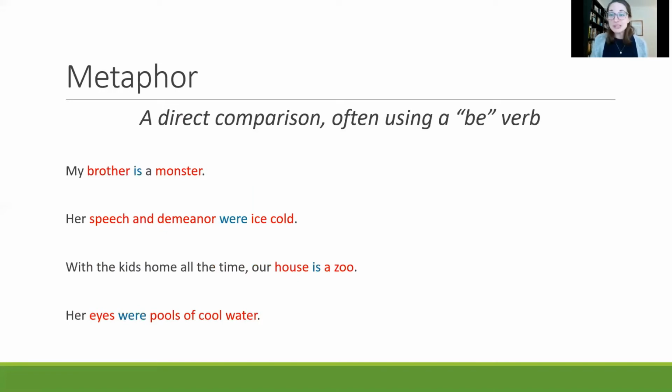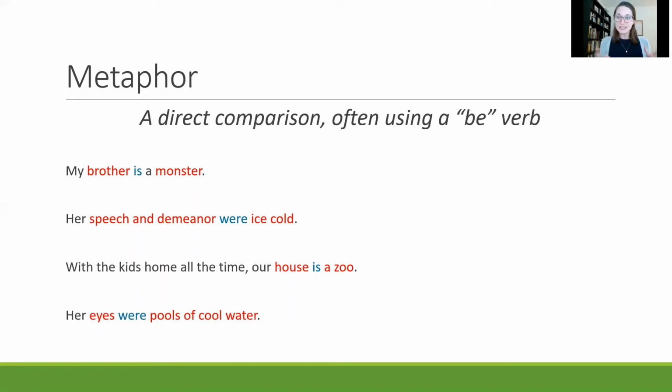Now, our next piece is called a metaphor, and a metaphor is a direct comparison, often using a be verb. So we'll see on here the be verbs is, were, and is in multiple different situations. So let's look at our comparisons. If we say, my brother is a monster. Now, this is a little bit stronger than saying my brother is like a monster, but both of them are still figurative.